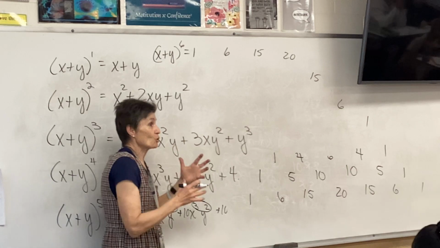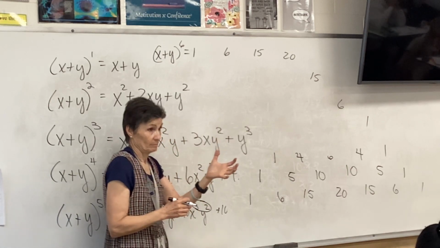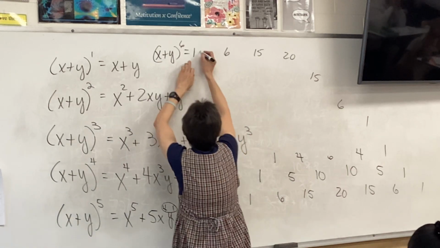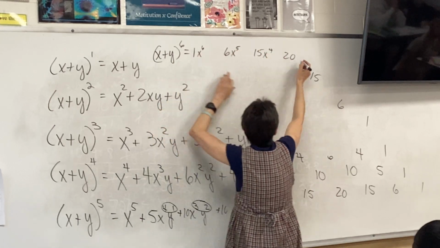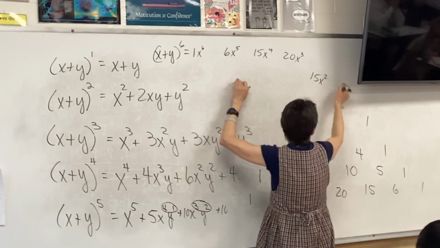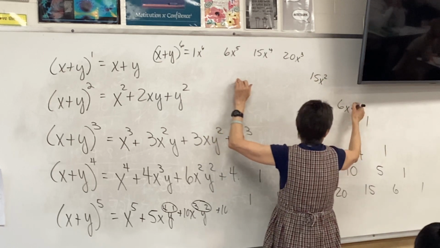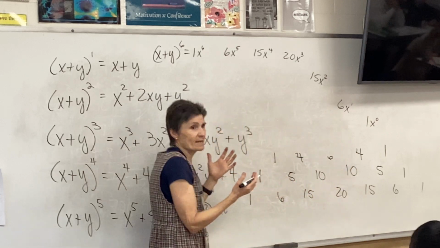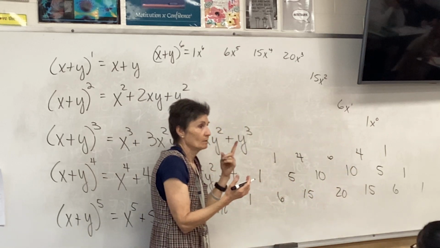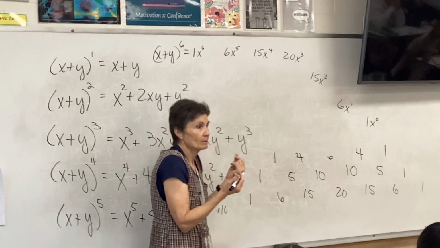Now, what did we observe about the variables? X to the 6th, X to the 5th, X to the 4th, X cubed, X squared, X to the 1st, and technically X to the 0. What's X to the 0? It's 1, so it's like it's not there.